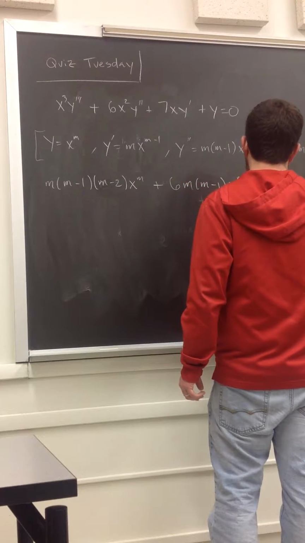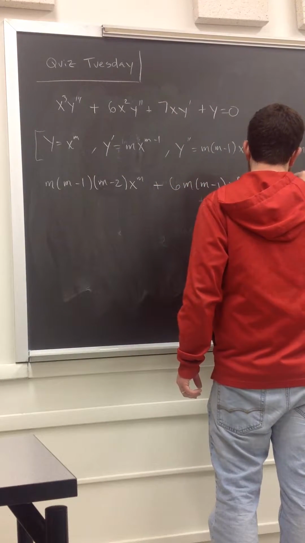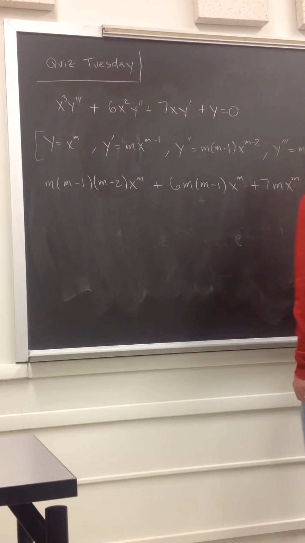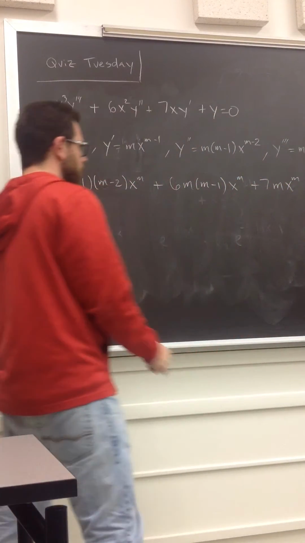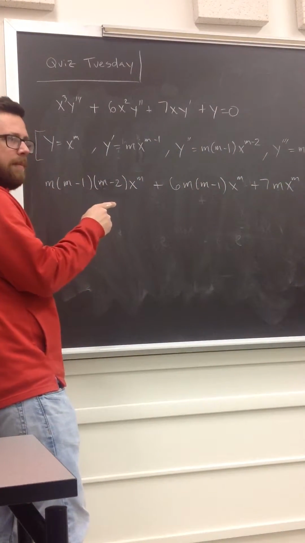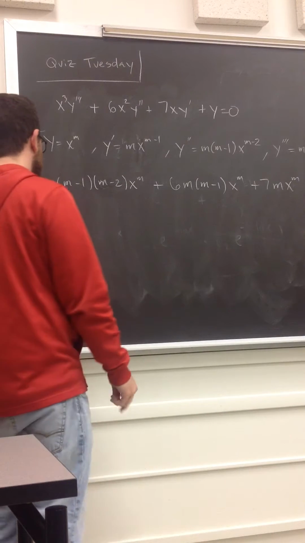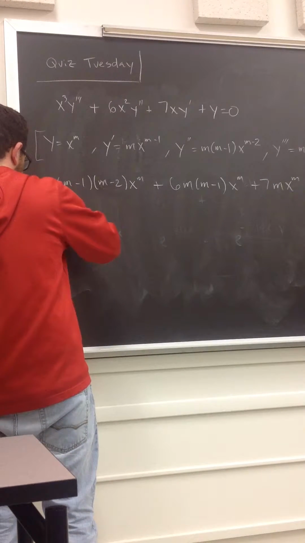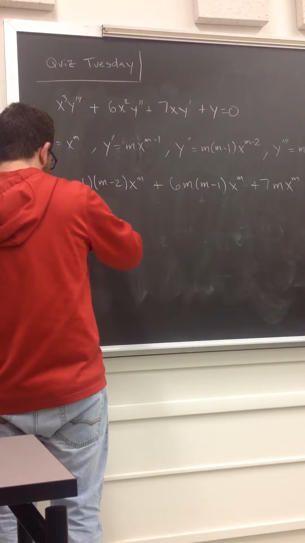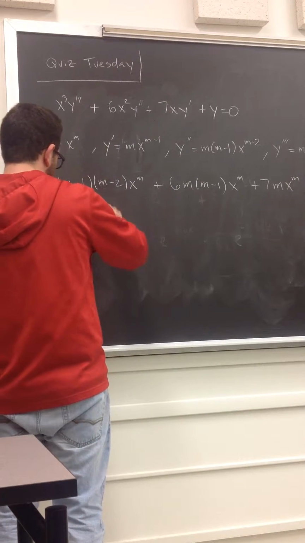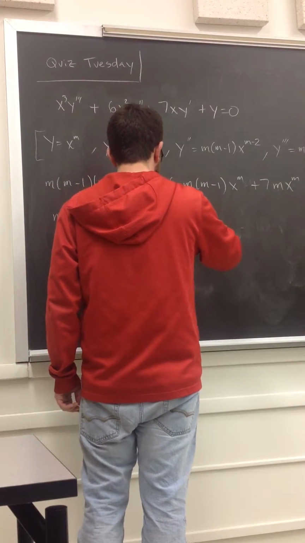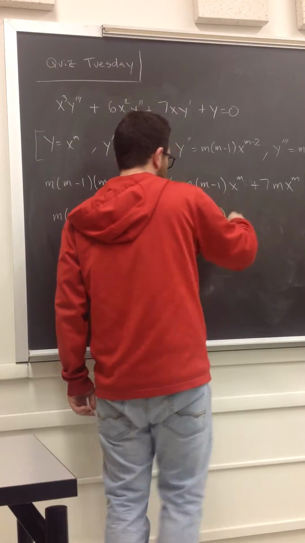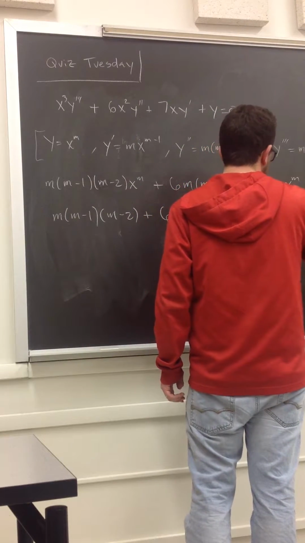Plus 7 times m x to the m. Plus x to the m. Every term has a factor of x to the m, so divide by it because it's not equal to 0. So this is m minus 1, m minus 2, plus 6 times m minus 1, plus 7m, and the last term is 1.